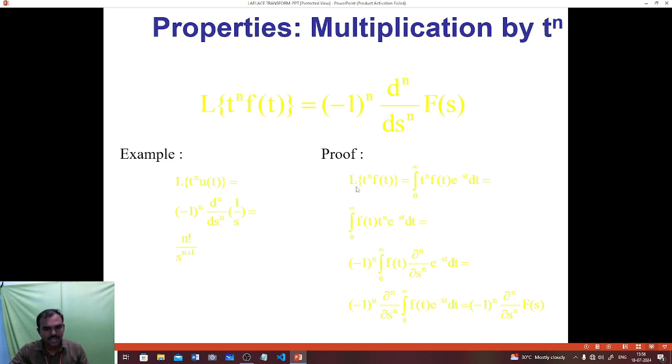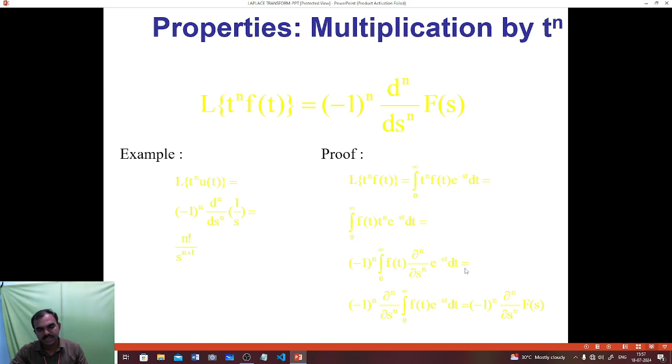So what is the proof? L of t power n f of t equals the integral from 0 to infinity of t power n f of t e power minus s t dt. So 0 to infinity f of t, here t power n e power minus s t dt. Next, minus 1 power n times the integral of 0 to infinity f of t, and we take the differentiation of this one, dou power n by dou s power n of e power minus s t. When we differentiate this function, we again get e power minus s t.